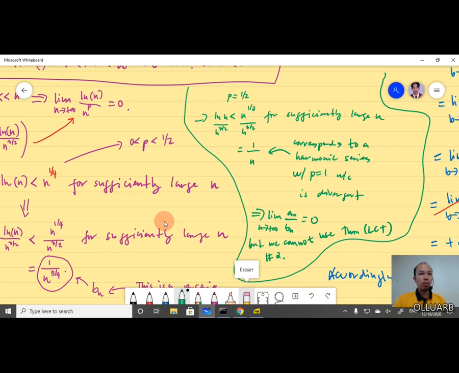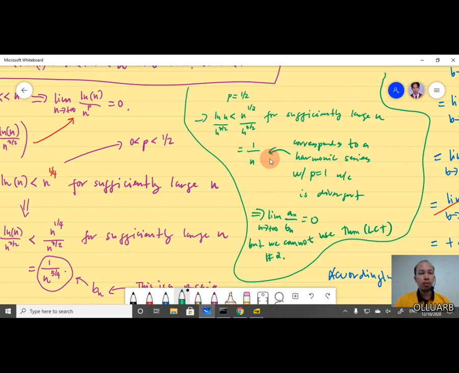So for p between these values, then you can use the theorem. We can also argue this one using the direct comparison test.